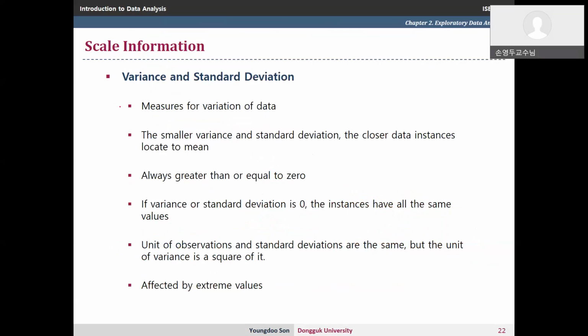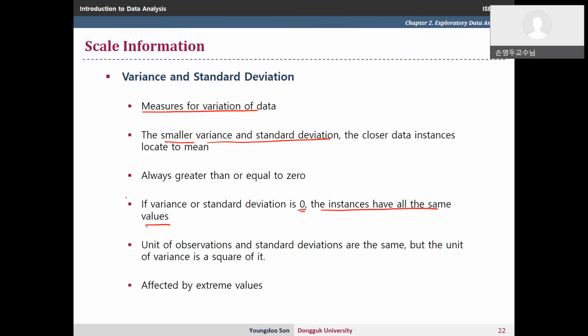So here is a comparison of variance and standard deviation. They are both measures for the variation of data. The smaller the variance and standard deviation, the closer data instances are located to the mean. So variance and standard deviations are always greater than or equal to 0. If they are 0, it means that all the instances have the same value.